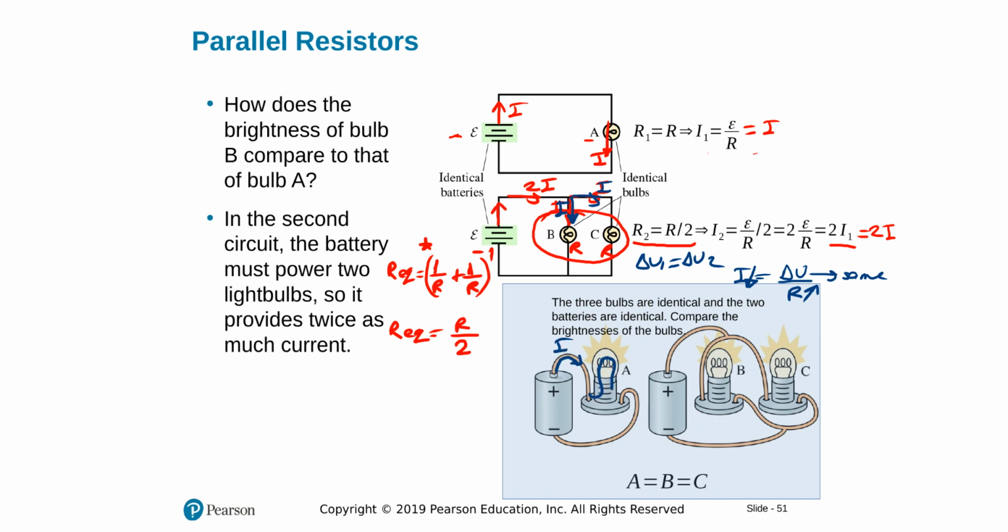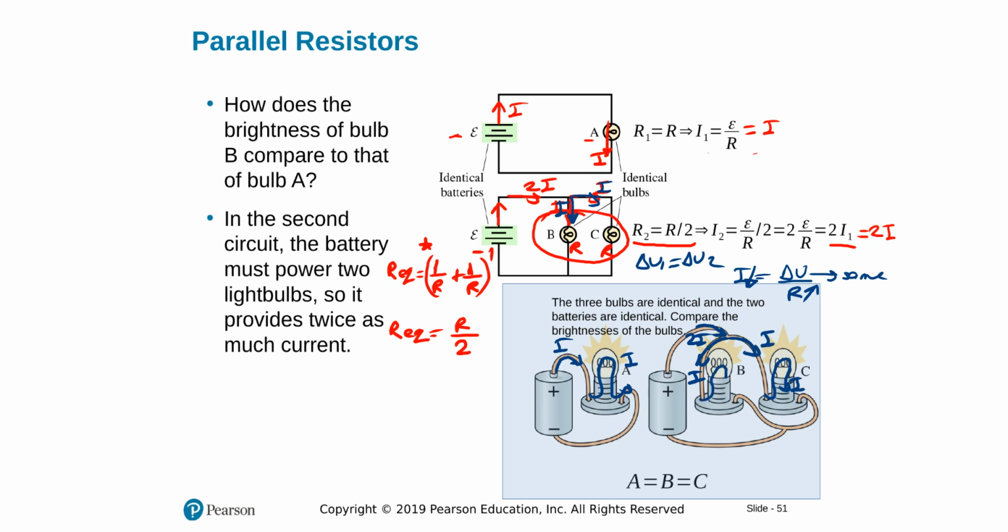It passes through this one, and brightness is the power, P equals I squared R. I have current 2I here, which divides into two equal amounts by the junction rule, and we have the same resistors, so they will share it equally.